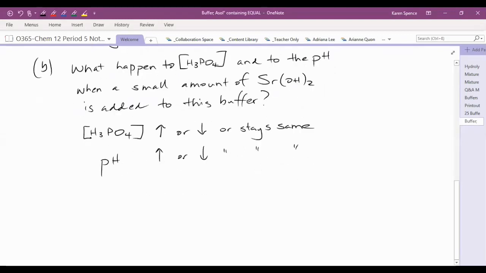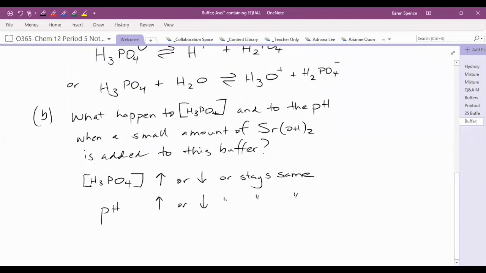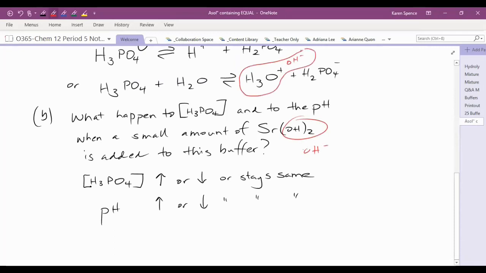So if we are looking at our equilibrium here, if we add some Sr(OH)2, that means we are adding OH minus, which is going to react with the H3O plus. And that means our concentration of H3O plus is going to decrease, which will shift the equilibrium to the right. Therefore, the concentration of H3PO4 is going to decrease.